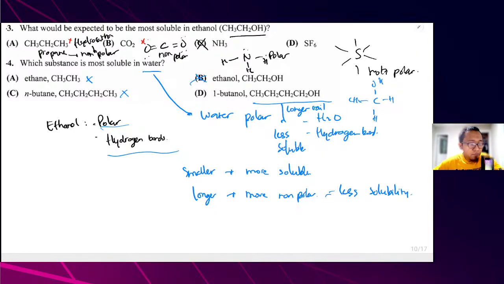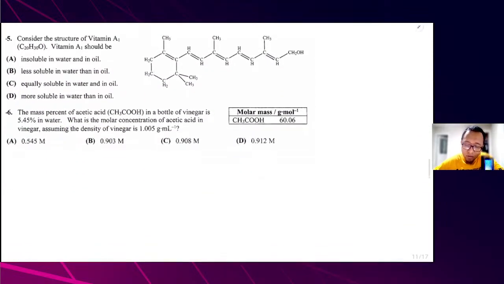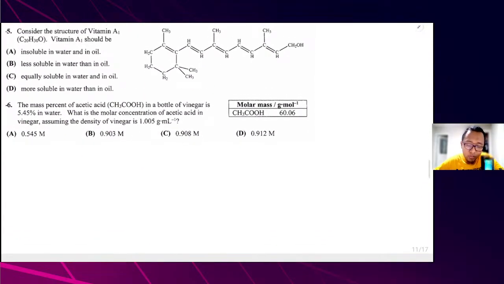Now let's continue with number 5. Consider the structure of vitamin A. Vitamin A should be: insoluble in water and in oil, less soluble in water than in oil, equally soluble in water and in oil, or more soluble in water than in oil. To answer this, we need to understand the key concept of solubility. Let's look at the vitamin A structure first.